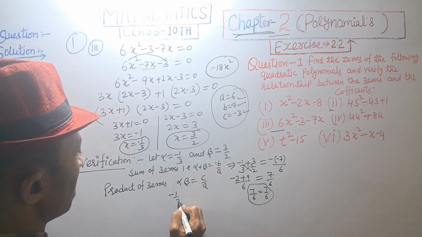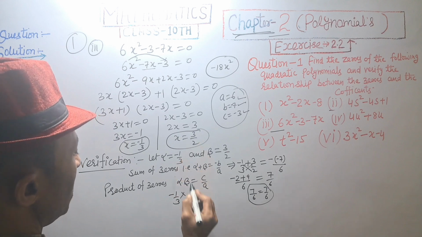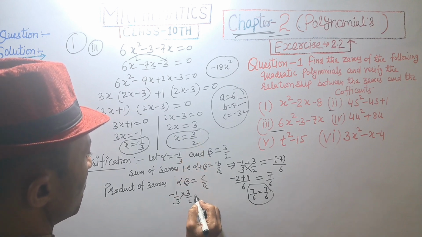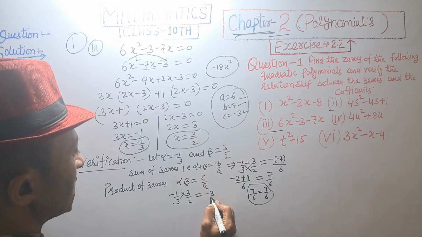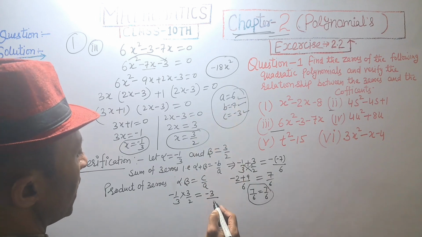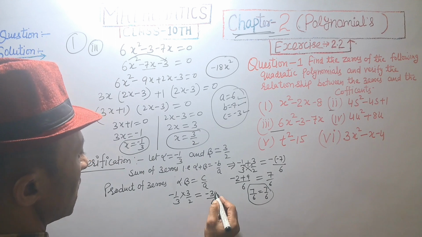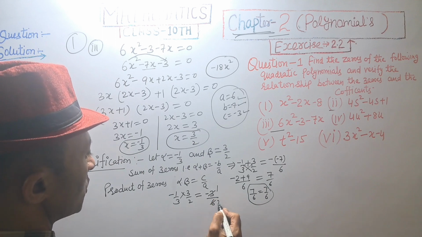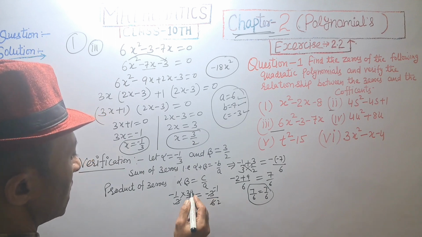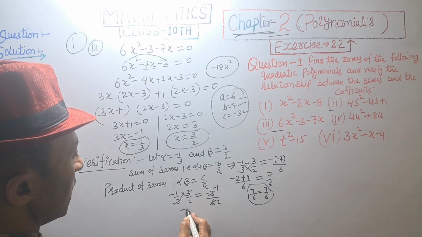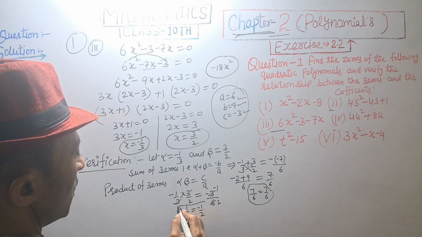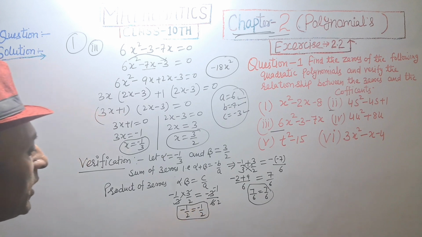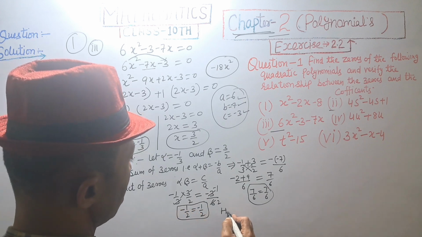Alpha is minus 1 by 3 and beta is 3 by 2 is equal to value of c, we have minus 3, and value of a, we have 6. This is cancelled, 3 2s are 6, and 3 3 is cancelled. Minus 1 upon 2 is equal to minus 1 upon 2. So left hand side equal to right hand side, hence verified.